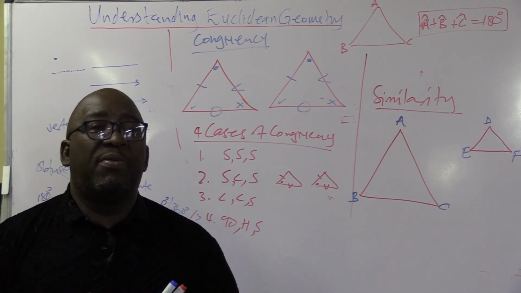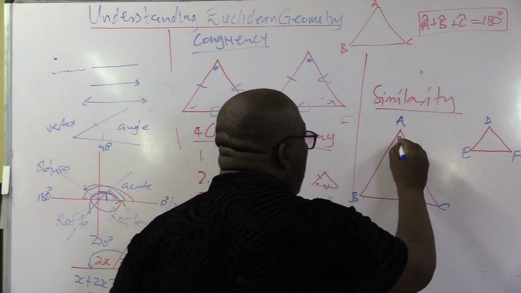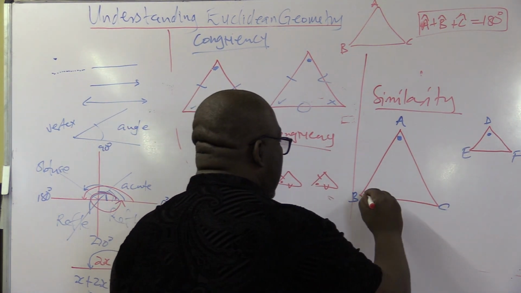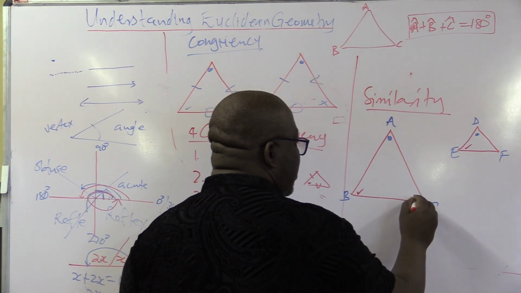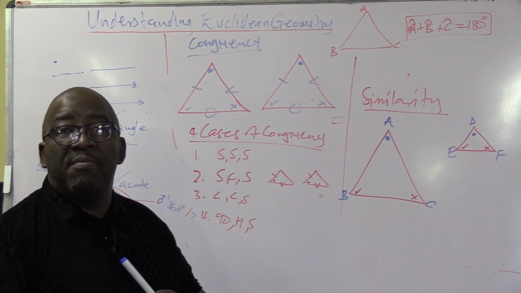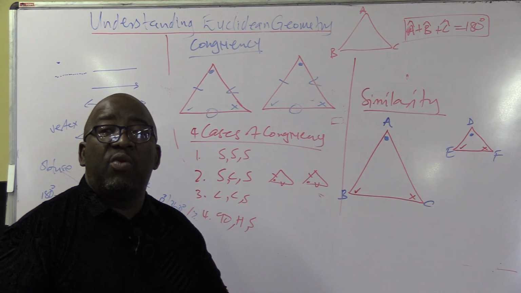The eyes must be in the same position for it to be similar. So in this particular case, if angle A is equal to angle D, angle B is equal to angle E, and angle C equals angle F, then we can say the two triangles are similar because they've got the same features. The corresponding angles are the same, equiangular.